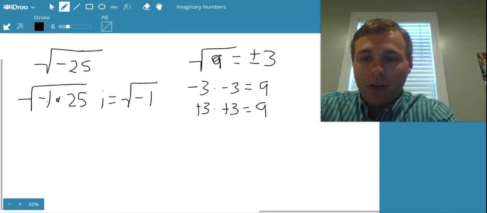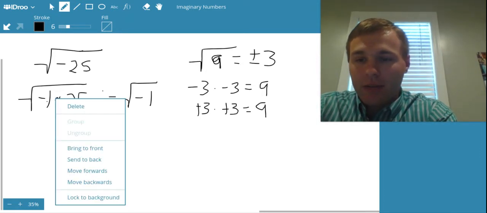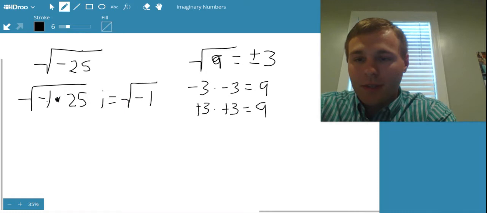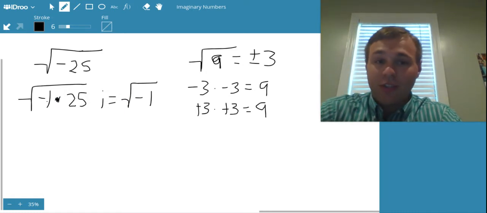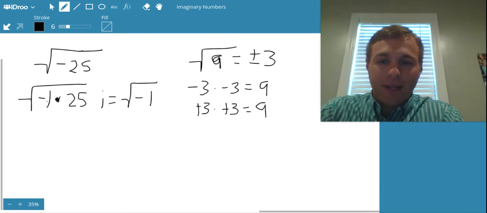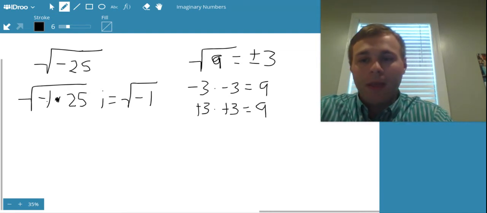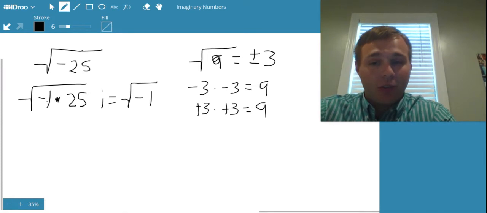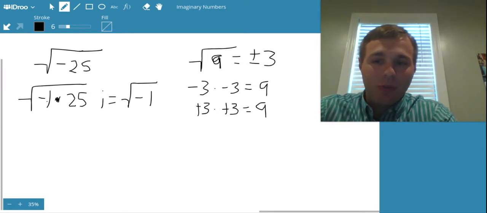You're essentially just taking the big whole number and multiplying it times negative 1. So now I have the square root of negative 1 times 25.